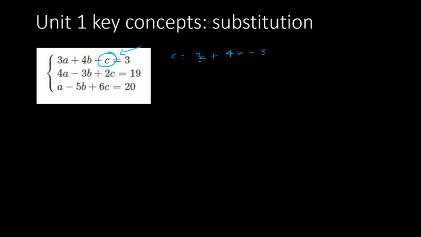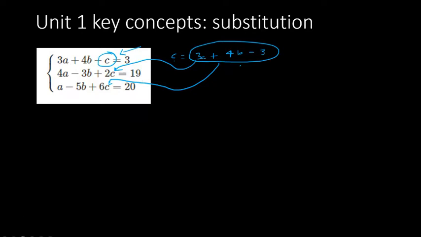Then I would take 3a plus 4b minus 3, and I would plug it in wherever I saw c in the other two equations. This is how substitution works. You find equivalent values, so instead of c, I can write 3a plus 4b minus 3 in the remaining two. So I would make that substitution, simplify, and hopefully from there I'd be able to get to a solution.